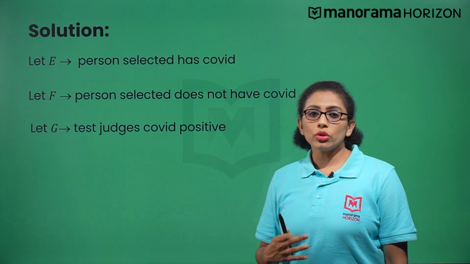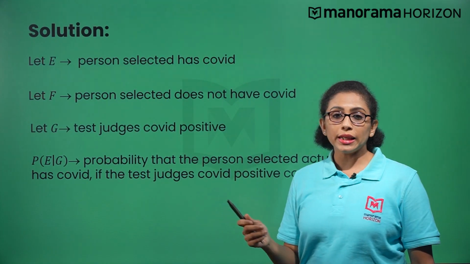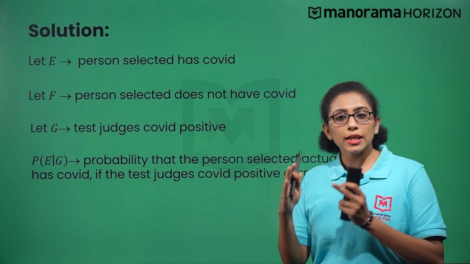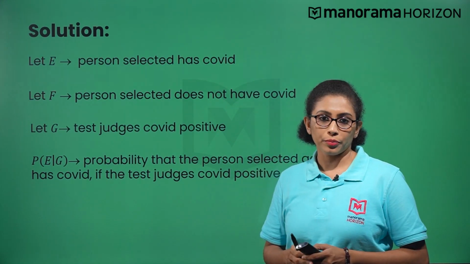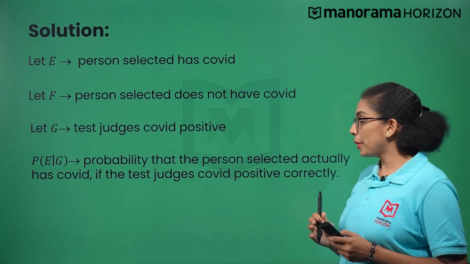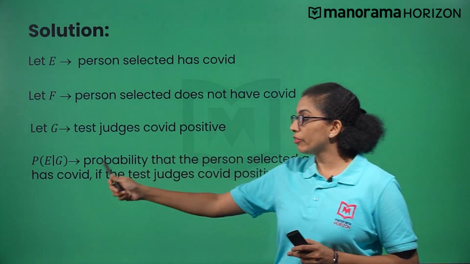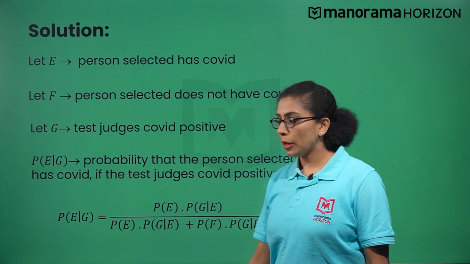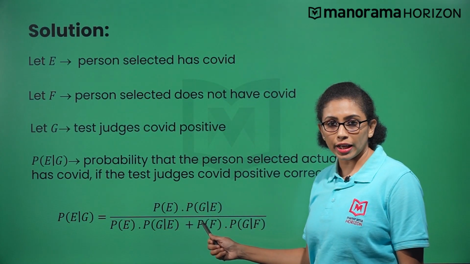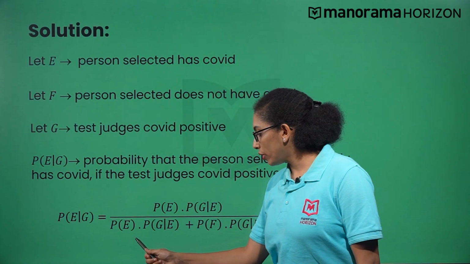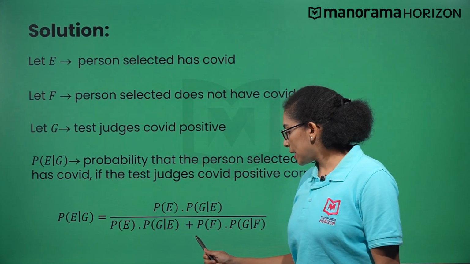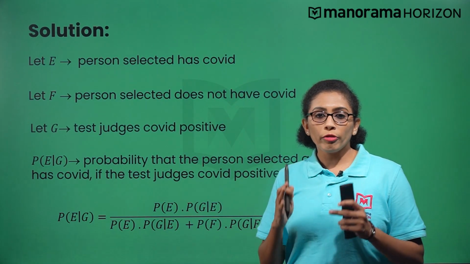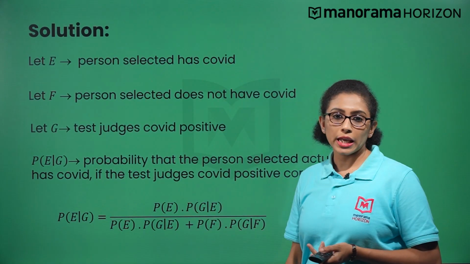Our aim is to find the probability that the person selected actually has COVID if the test judges COVID positive, that is, we need to find P of E given G. This can be written as P of E given G is equal to P of E into P of G given E, the whole divided by P of E into P of G given E plus P of F into P of G given F. So, we will find each parameter in this equation.